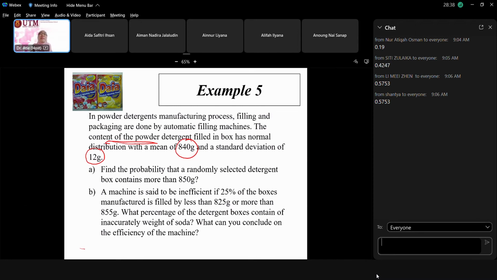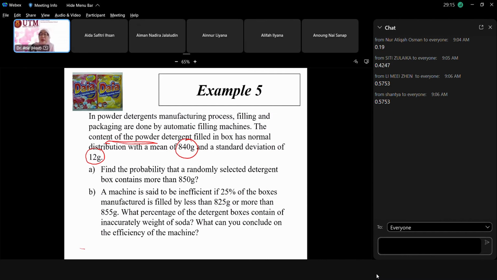Sometimes the machine may fill the content more, sometimes less, but it cannot be less than a certain amount, because otherwise the customer will complain, or the company will go bankrupt giving too much to the customers. So we need to find the probability that a randomly selected detergent contains more than 850.